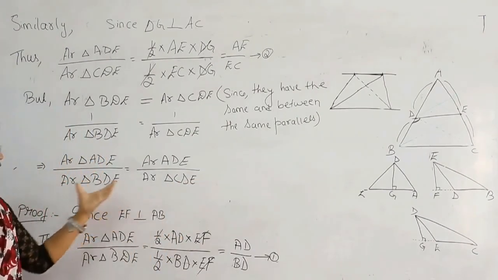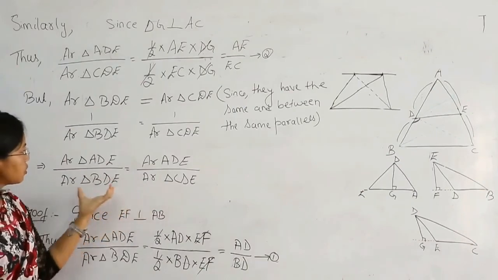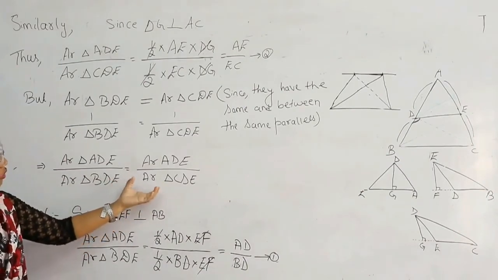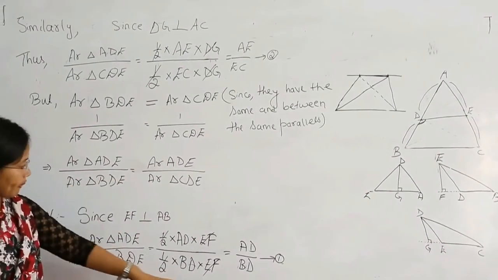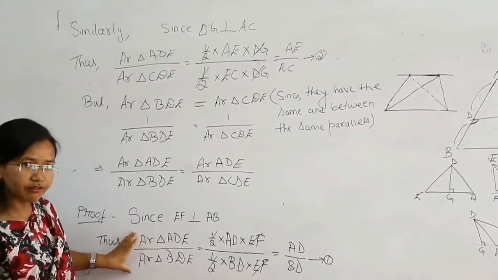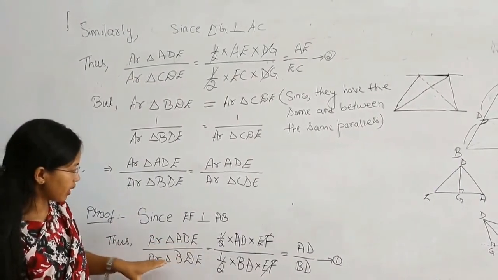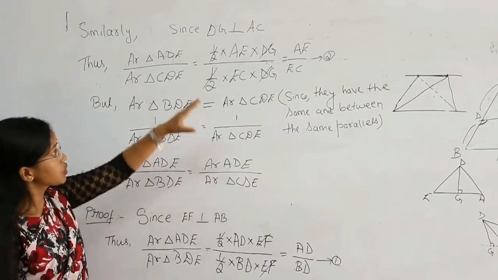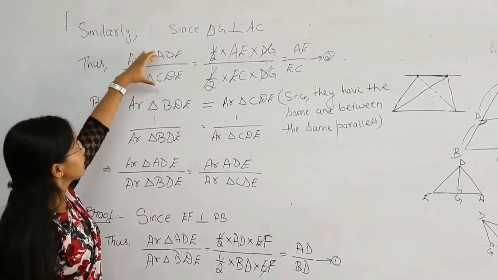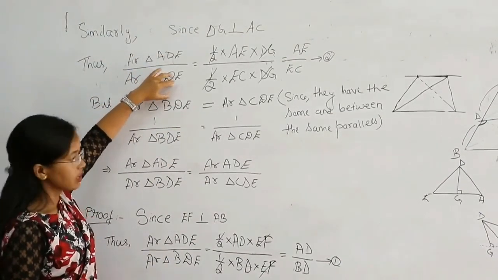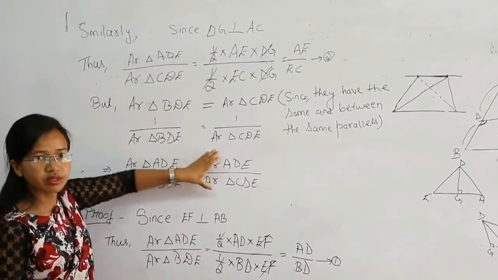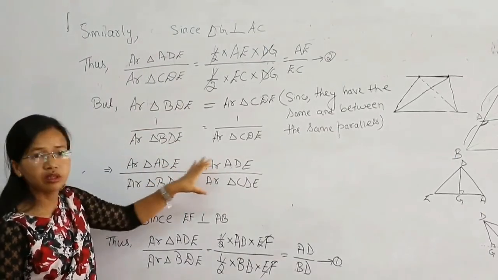Right. So when we observe these two equations here and have a look, from equation 1 we have on the left hand side area of triangle ADE by area of triangle BDE. In equation 2 we have area of triangle ADE by area of triangle CDE. From here we see that these two ratios are equal.